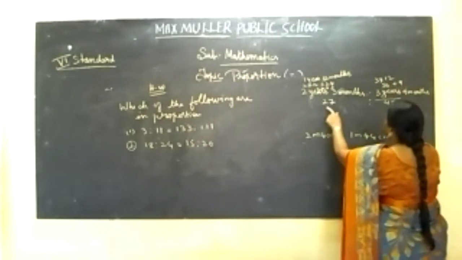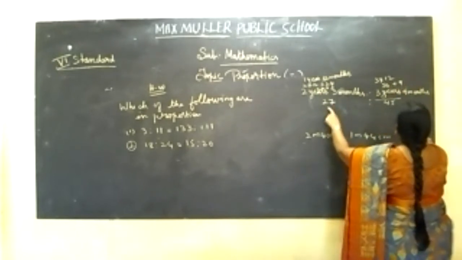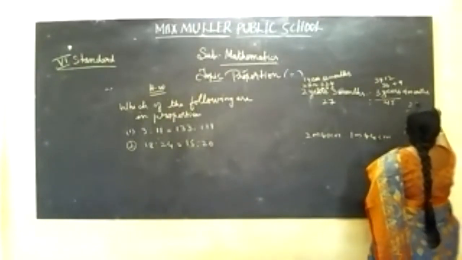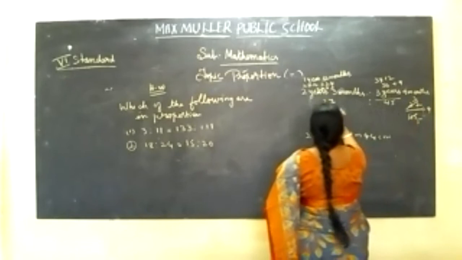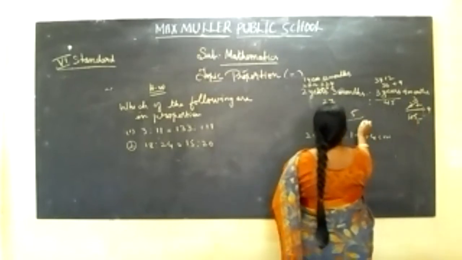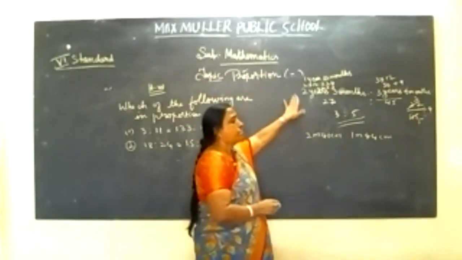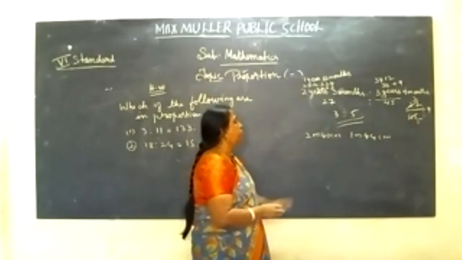So you should find the ratio for 27 and 45. Both are divisible by 9. 9 threes are 27, 9 fives are 45. So what is the answer? 3 is to 5. I did the short form, but you should do it step by step, okay?